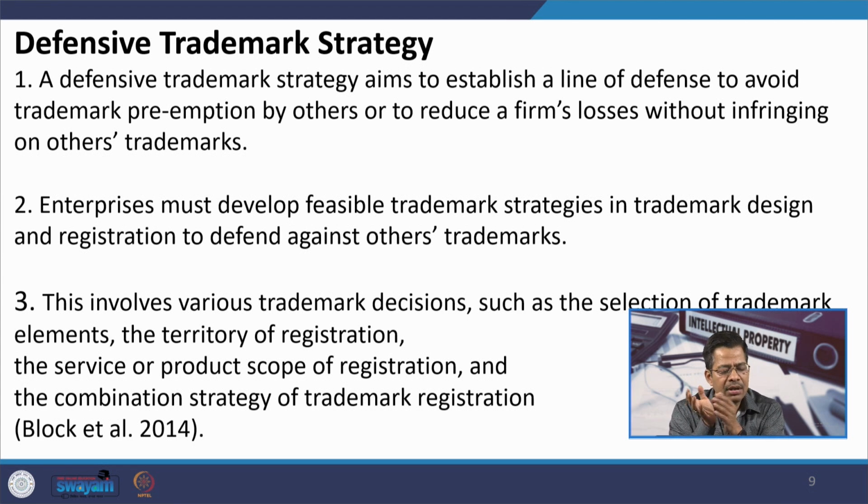In that case, defensive strategy is suitable. Many small medium enterprises and many startups are good examples where they are using this defensive trademark strategy for protecting their business interest.